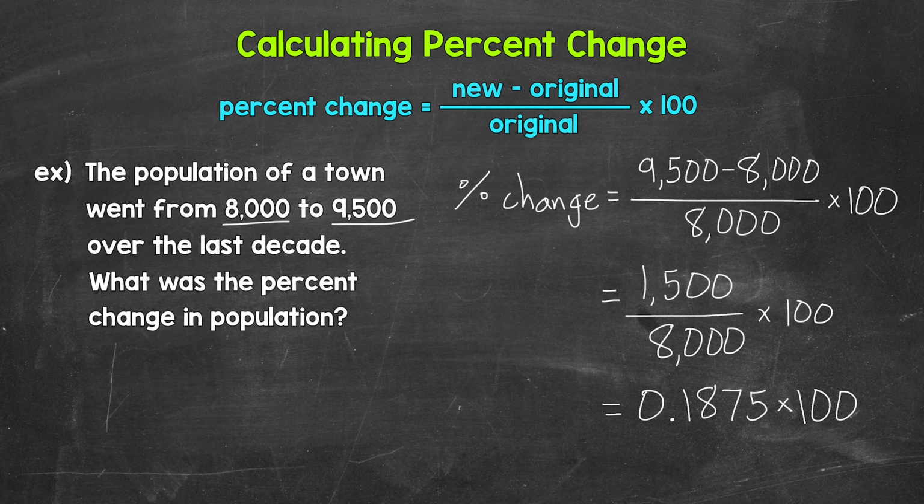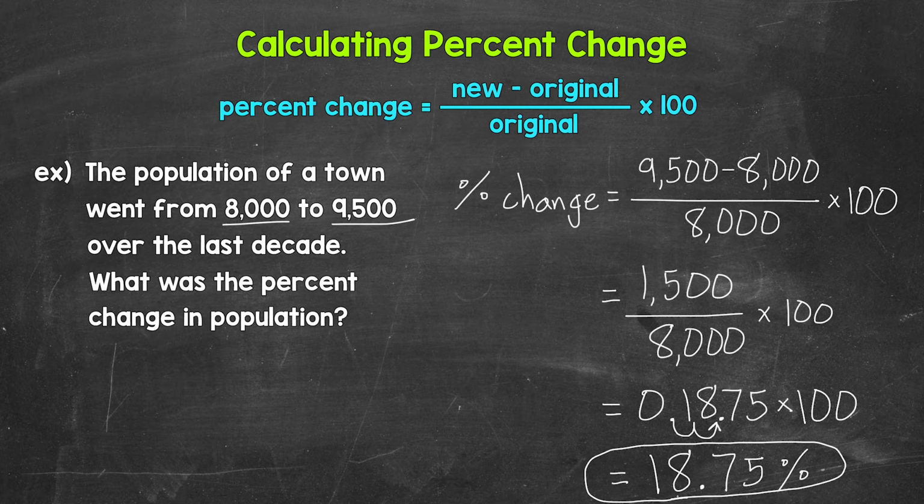And remember, a quick way to multiply by 100 is to move the decimal twice to the right. So once, twice. The decimal is now in between the 8 and the 7. So that gives us 18.75%.